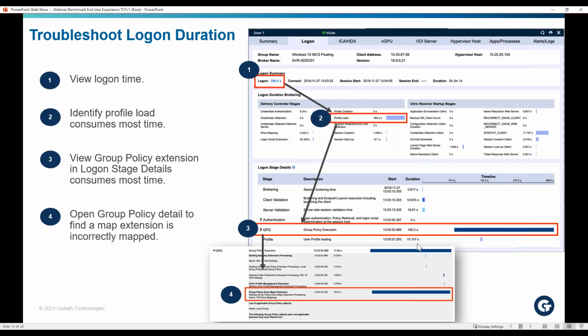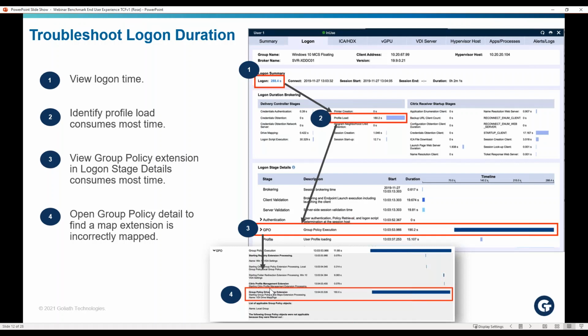In this particular example, there was a logon time that was over 200 seconds. You're able to quickly see that it was a profile load issue. Drill down to the group policies, and see that a specific drive mapping policy was taking up over 180 seconds. In this case, it was easy to find out that it was because that extension was incorrectly mapped out.